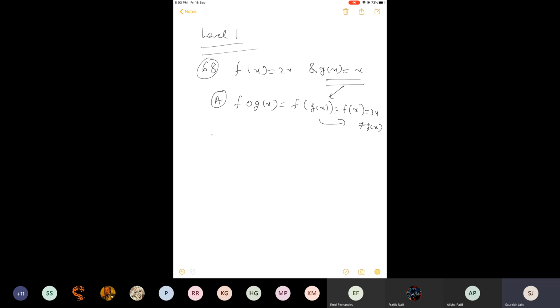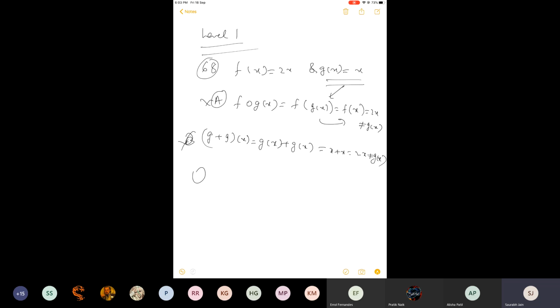What is g plus gx? What is the meaning of this? g plus gx means gx plus gx. This is not composite, this is addition. This comes out to be 2x, not equal to gx. So option B is also not correct.